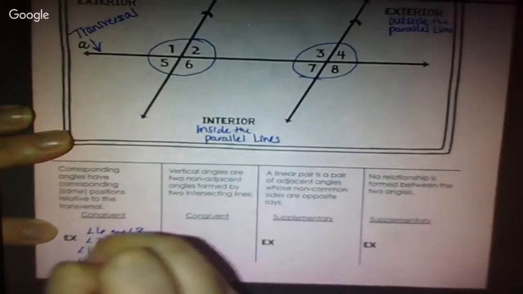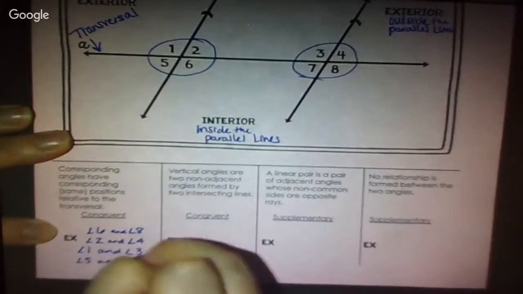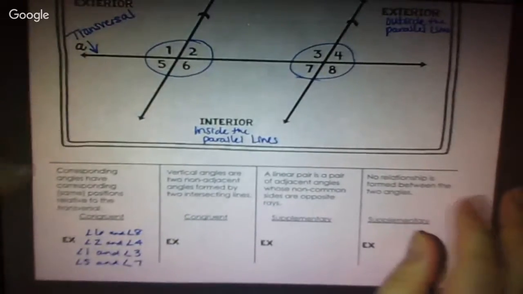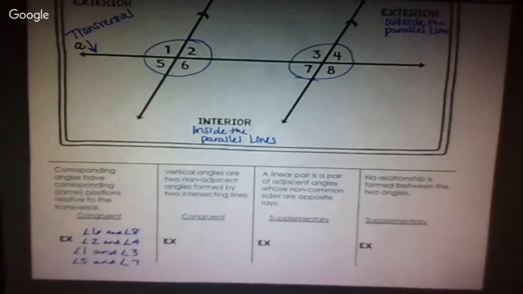And angle 5 and angle 7. So it's kind of like if the angle's in the top left of this one, it corresponds with the top left of this one. Top right corresponds with top right. Bottom left with bottom left, bottom right with bottom right.